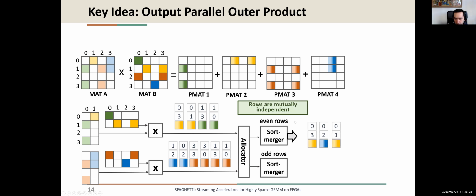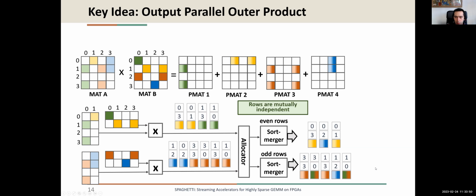So rows are mutually independent. The first one does the sorting and merging for row 0 and row 2. In row 2, I have no non-zero, so it produces only the non-zeros in the first row, row 0. And the second one does the same job, but for row 1 and row 3.